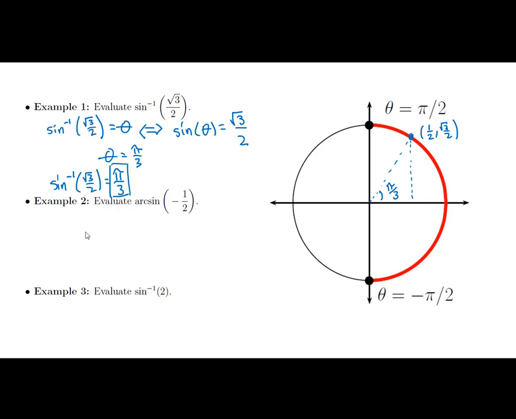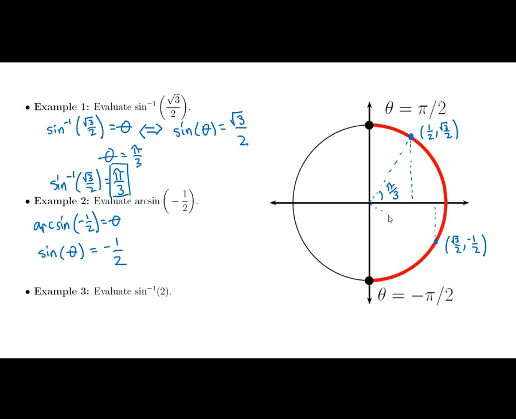The arc sine of negative 1/2. So again, arc sine of negative 1/2 equals an angle. So we're going to ask, what angle is it that when you take its sine, you get negative 1/2? Over here I want the sine, or the y value on the unit circle, to be negative 1/2. So that puts me right about here. And we know that that happens at square root of 3 over 2, negative 1/2.